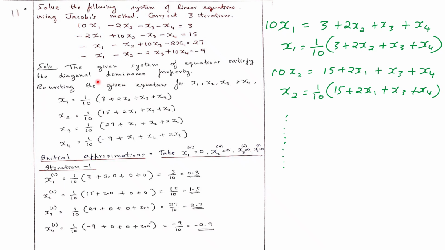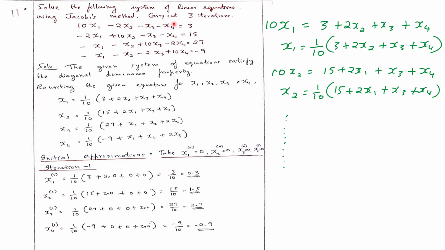Now you have to rewrite these equations for x1, x2, x3, x4. See here, I have written one example. In the first equation, I keep 10x1 on the left side and take all the other terms, the x2 term, x3 term and x4 term, to the other side.